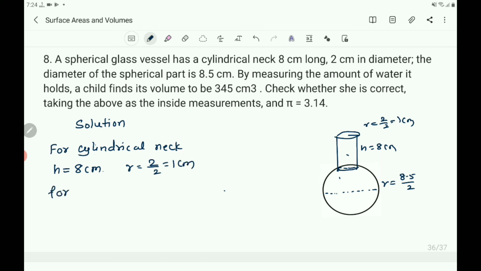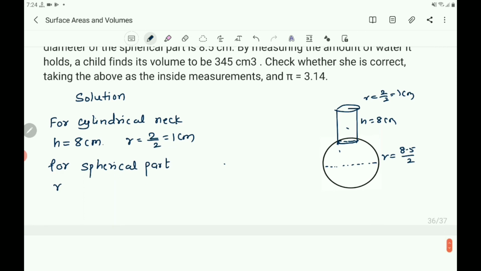Then for the spherical part, the only dimension is r, that is 8.5 by 2. 2 4s are 8. Then point, put 0. 225. So it becomes 4.25.